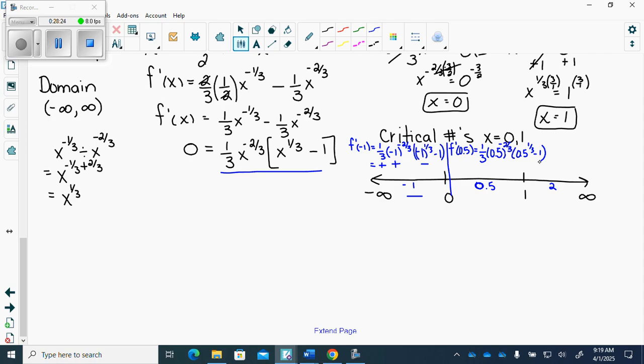All right, so 1/3 is positive. 0.5, let's figure out what the sign is. So we're going to get 0.5 squared. It's still positive, correct? The cube root of a positive is positive. And then 1 over a positive is still positive. So this is a positive. And then this one, 0.5 to the 3rd minus 1, is less than 0, so we're going to get a negative. So this will be a negative again.